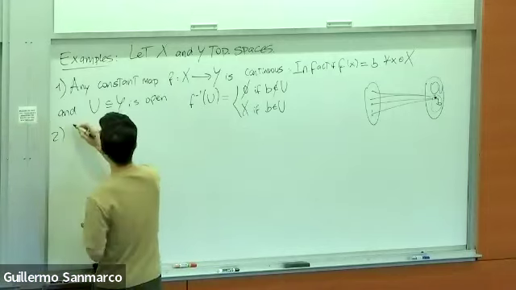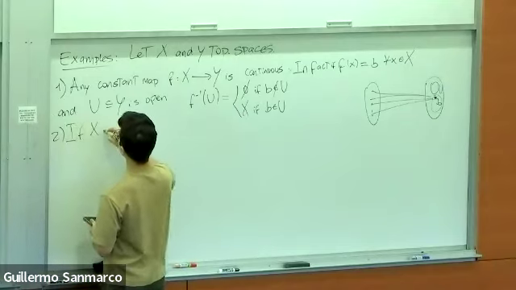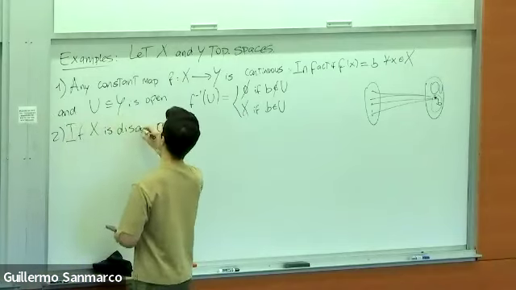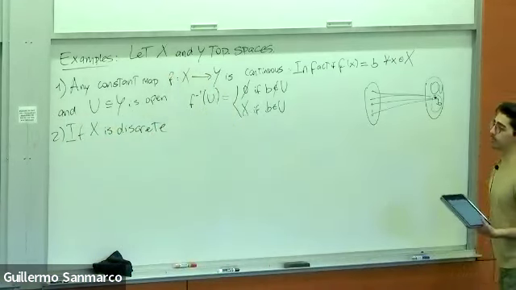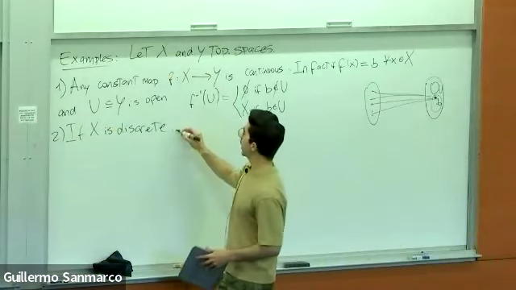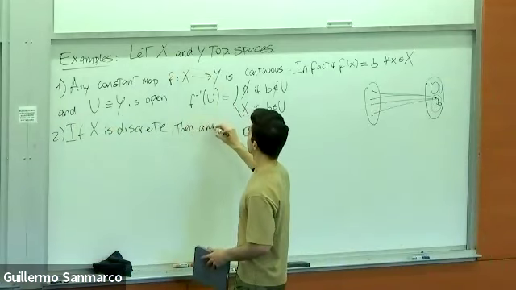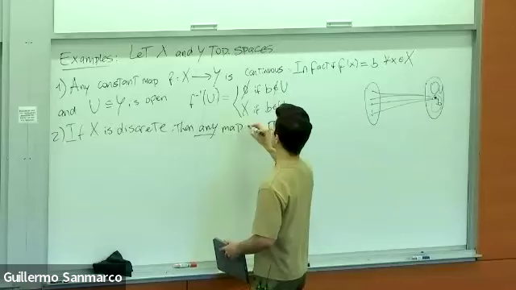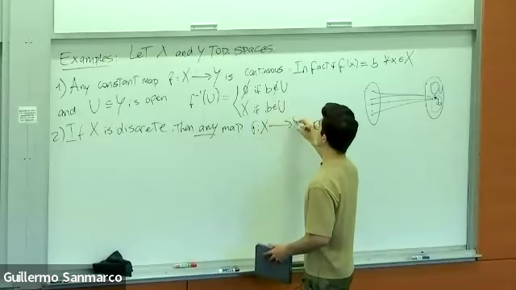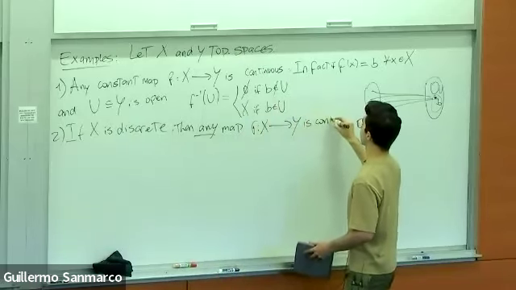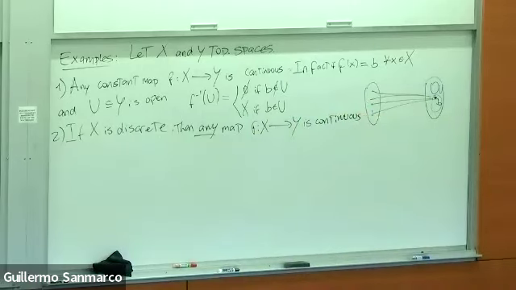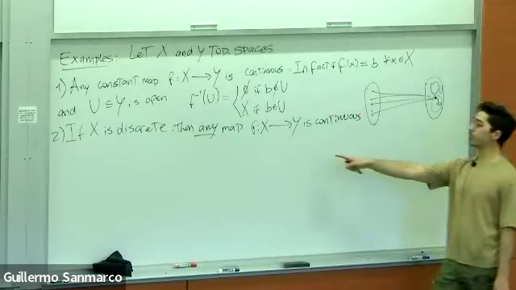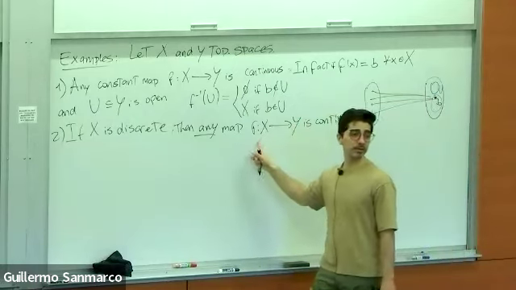The second one is, now I'm assuming X is discrete. So what I'm assuming here is I have the discrete topology on X. It's not any topological space, it's the discrete one. Then any map going out of X is continuous. Why is that? I want to show the preimage of an open set is open, but the preimage of something here is something here, and everything here is open.